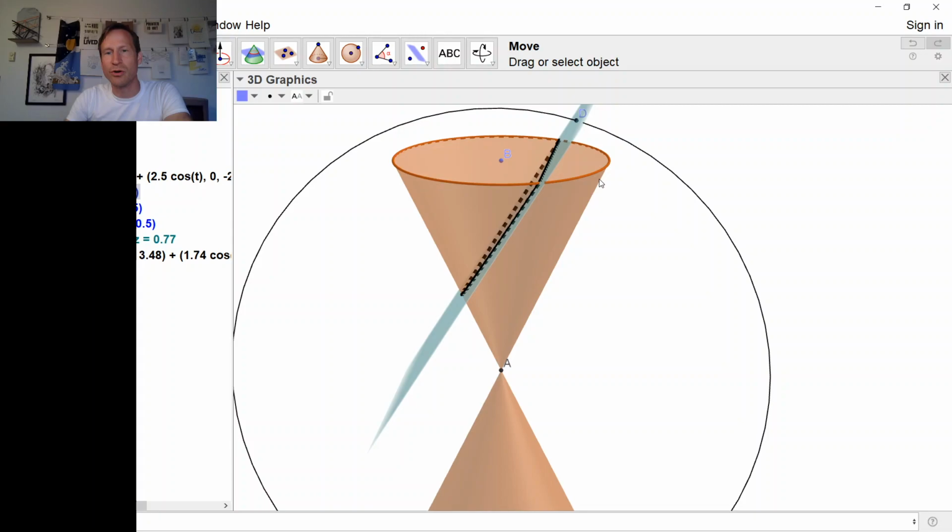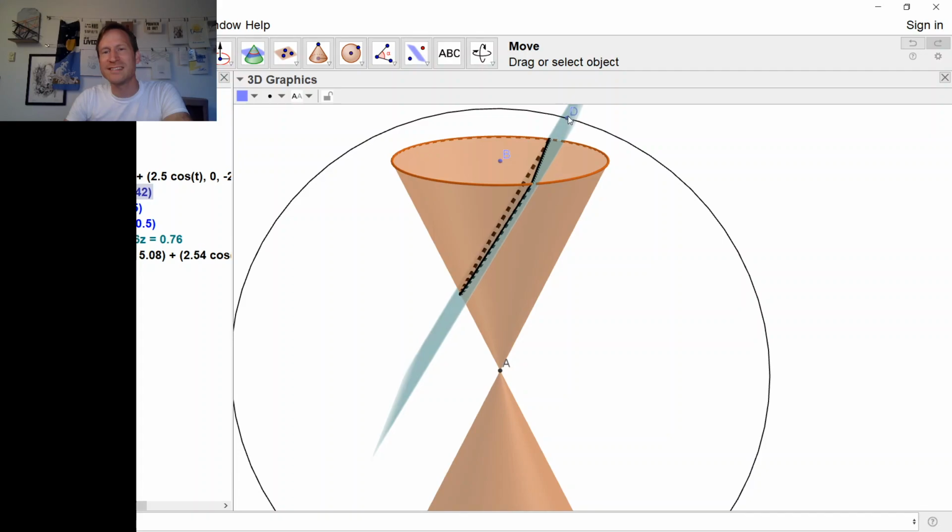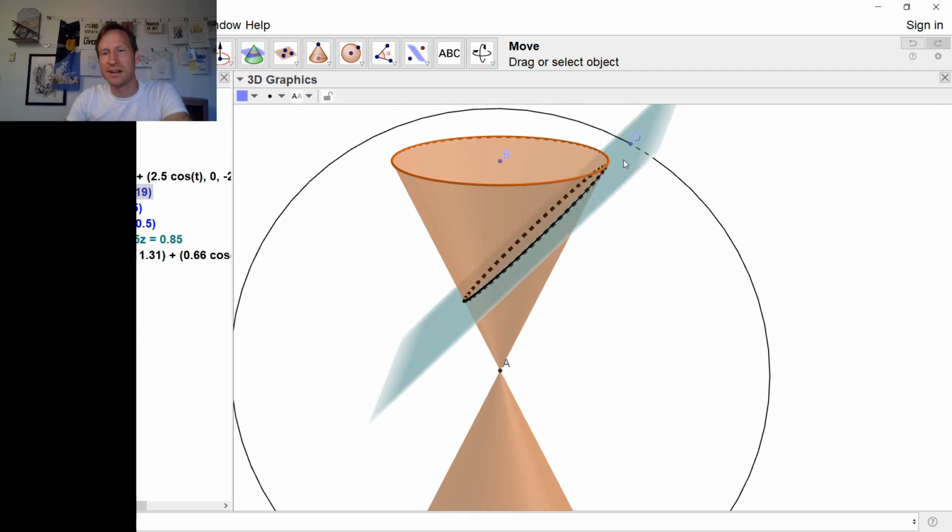As long as this angle is lower than the side of the cone, the conic section is going to pop out the other side of the cone at some point and close up into an ellipse.